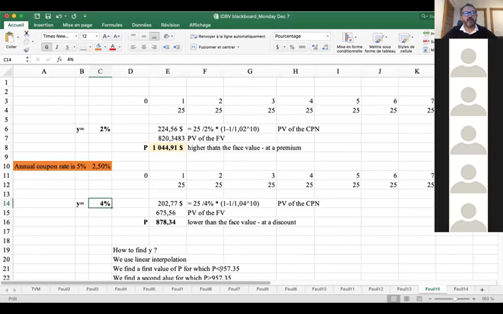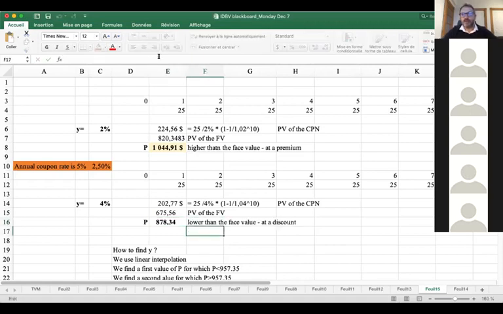Your bond is still offering 2.5 semi-annual, 5% annual. And 2.5 compared to 4% is of course less interesting. So the selling price of your bond will go down, and it will sell at a discount.